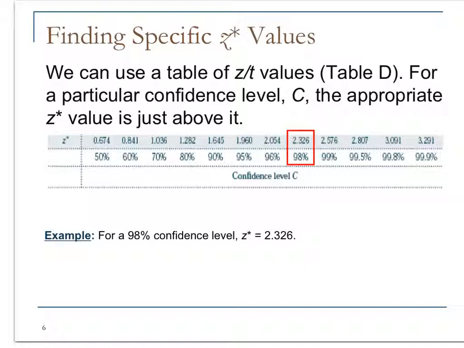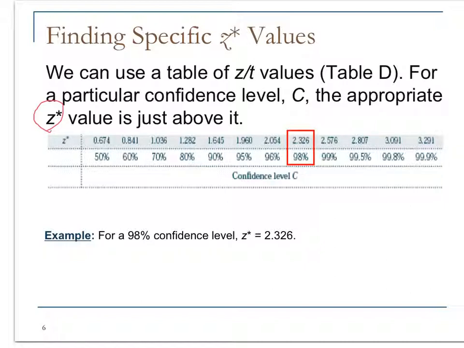On the very bottom, you can see there's a row of z stars. That's where you would go to look up what level of confidence you're interested in, so you can find the corresponding critical value. The critical value, of course, is your z star. You're going to use this to find out what z star is so you can calculate correctly the CI.